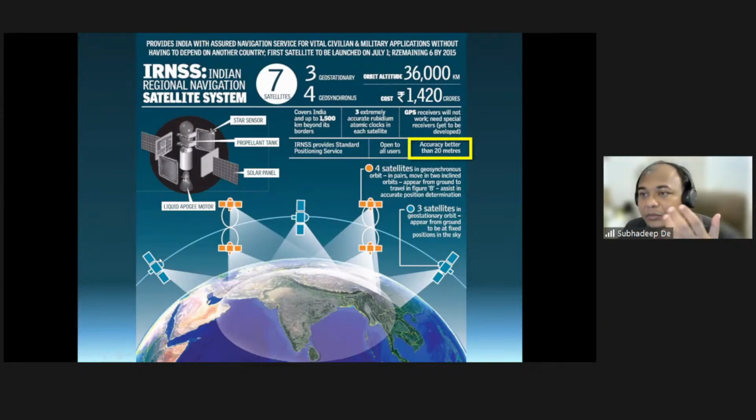Time is maintained by NPL, but they are able to disseminate this Indian Standard Time with 7-second inaccuracy. Somehow it is written so. And that corresponds to 20 meters of position inaccuracy. So 1 second corresponds to 3 meters, so 7 seconds corresponds to roughly 20 meters. They claim that they will be able to measure the location of any point within 20-meter accuracy, which is practically good enough for many purposes.